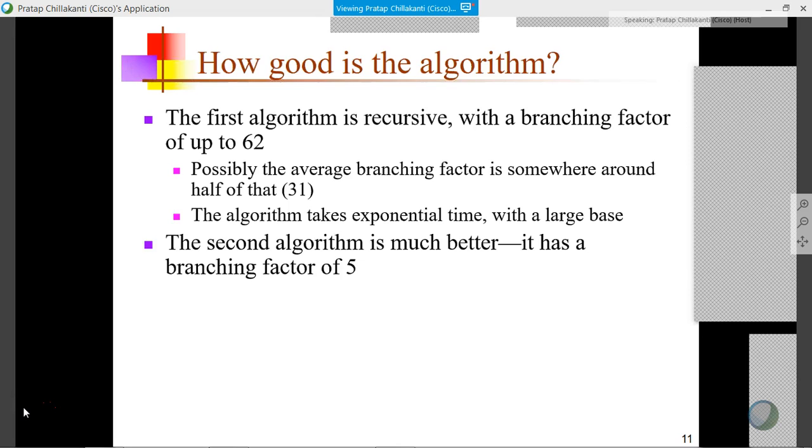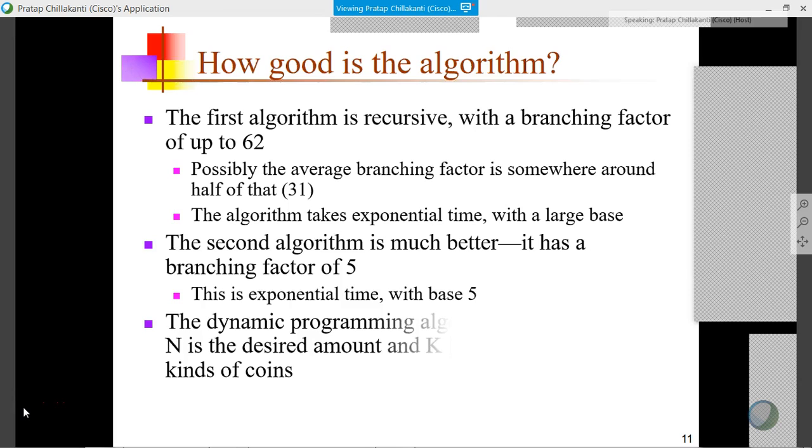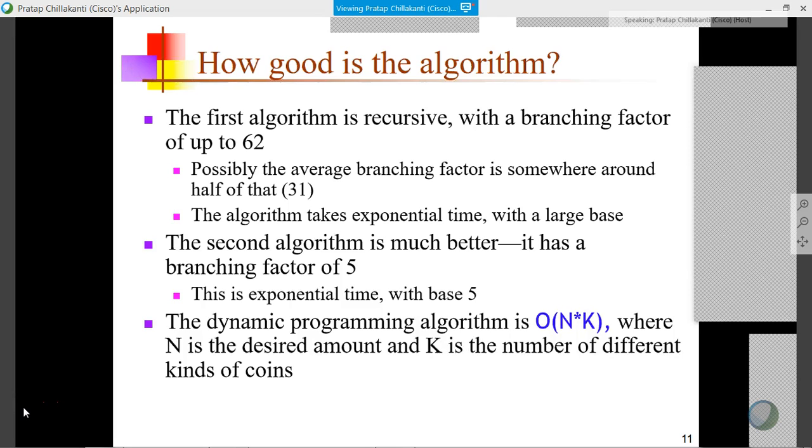We had 5 recursions as opposed to 31 recursions. Slightly better, but it's still recursion. Why we use dynamic programming is, remember how we said solve for 1 cent plus the best for the other one. In that approach, you can show the algorithm is of the order of n times k. It's no longer exponential.